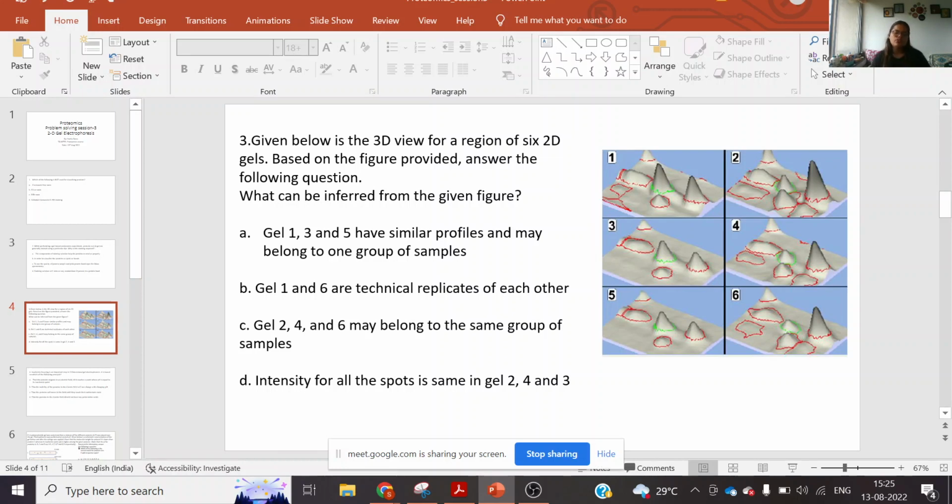So if we compare similarity-wise, technical replicates will have the highest similarity, samples from the same group will have lesser similarity than technical replicates, and from two different groups definitely it will have the least similarity.